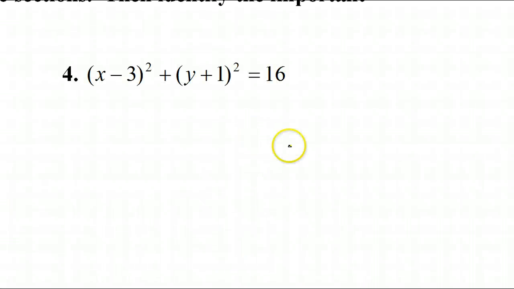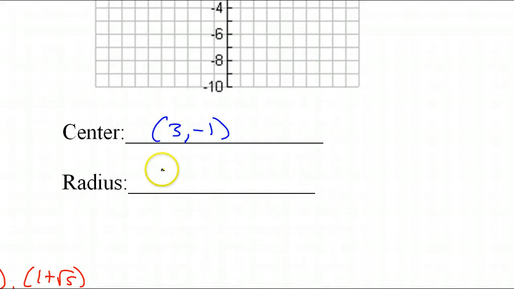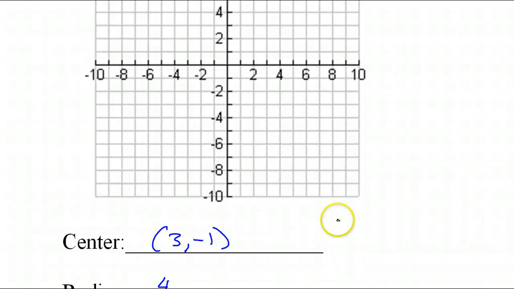Now, this is the radius squared, which means that the radius is 4. So the center is 3, negative 1. There's my center right there. With the radius being 4, if I go 4 in all directions, I should be on the circle.